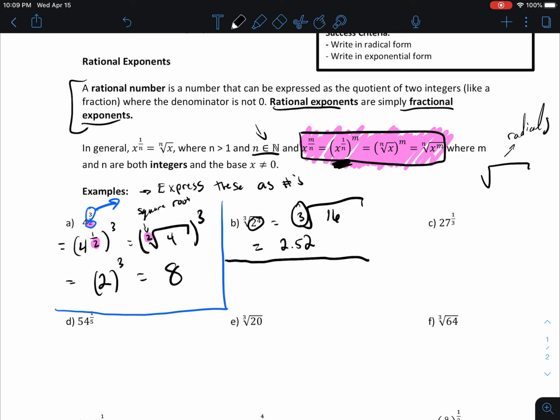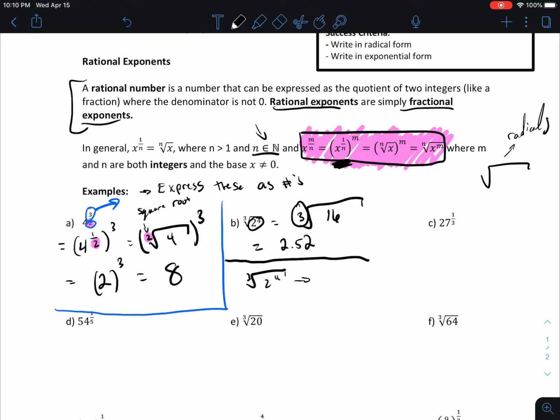Okay, but what if I asked you to switch this back into a base with a rational exponent? How would you do that? Well, I'm going to rewrite the question here.